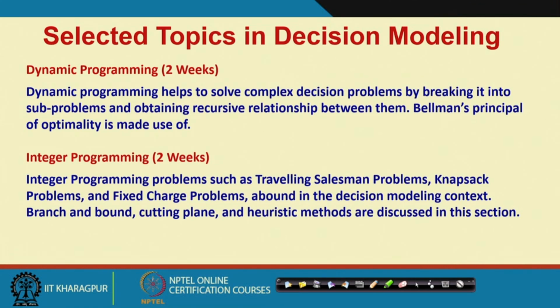What it essentially tells is that if I have a large problem and we have come some distance, then forget about how we have come there, the remaining distances must be optimally solved.